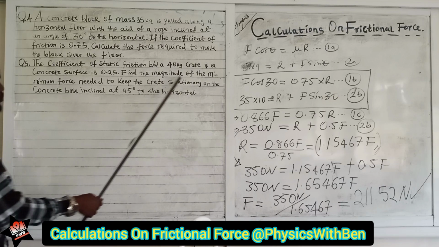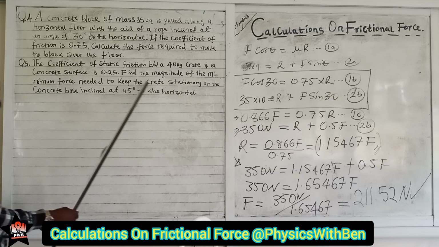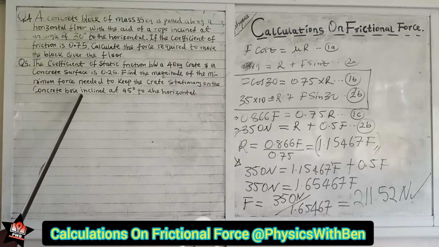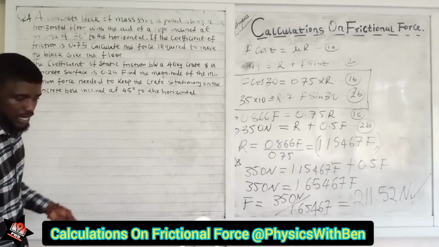Find the magnitude of the minimum force needed to keep the crate stationary on the concrete base inclined at 45 degrees to the horizontal.